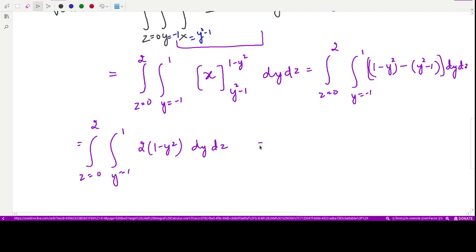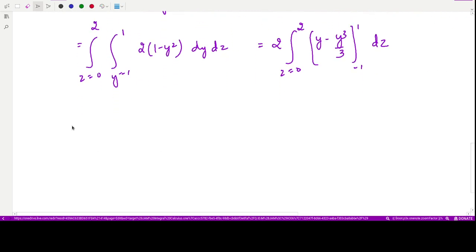So now we have to perform the integration with respect to y. So 2 could be taken outside, so it would be y minus y cube by 3, and the limits of y vary from minus 1 to 1. So let's substitute these limits over here. So we have the integration with respect to z as such.